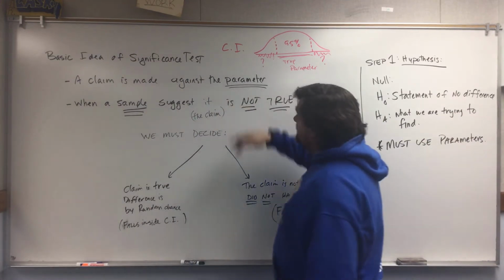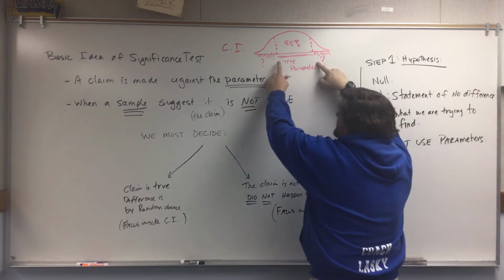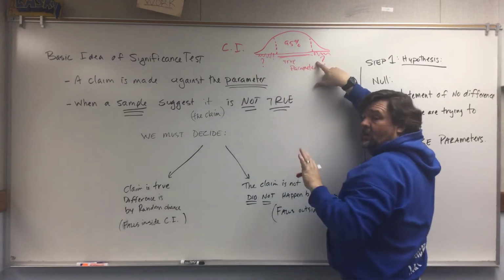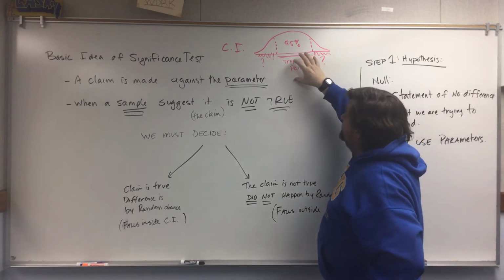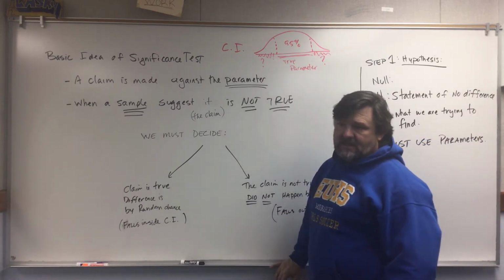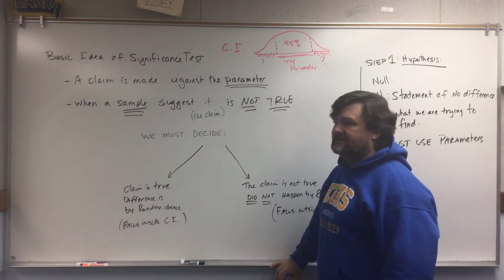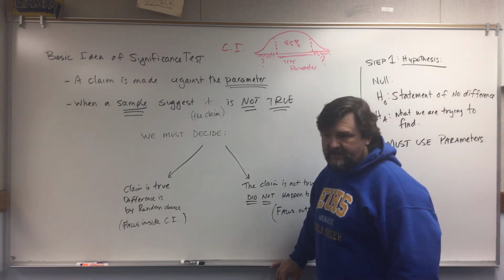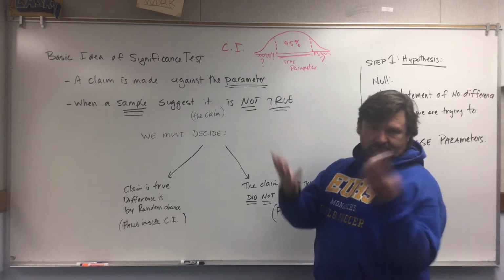So basically, we have a claim that's made against the parameter, without any data. There's no data involved whatsoever. It's just like, the height of Exeter High School students is not 65 inches on average, okay?